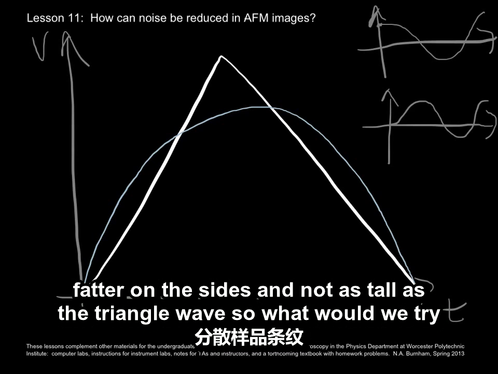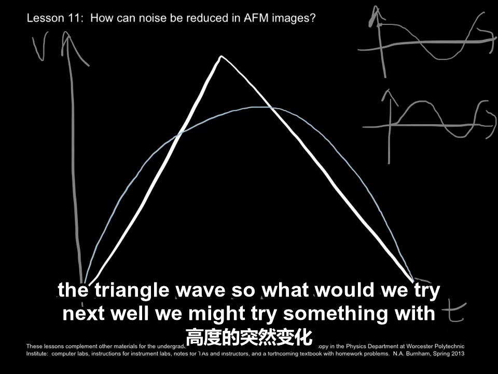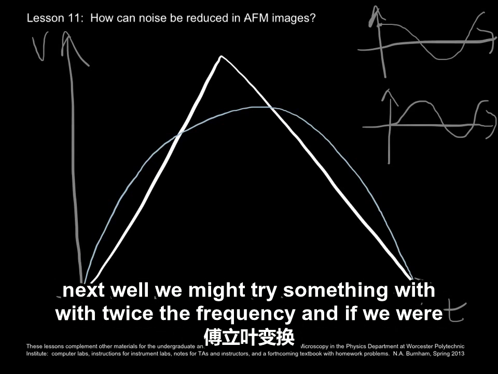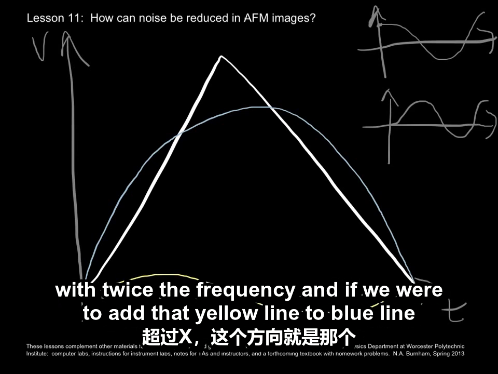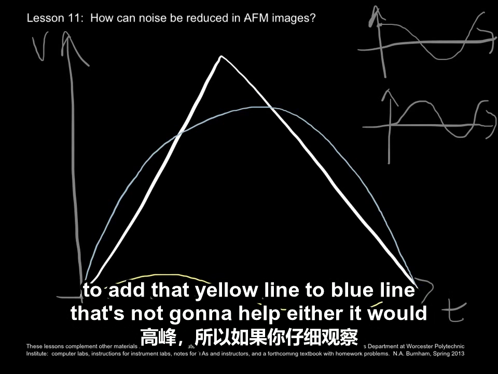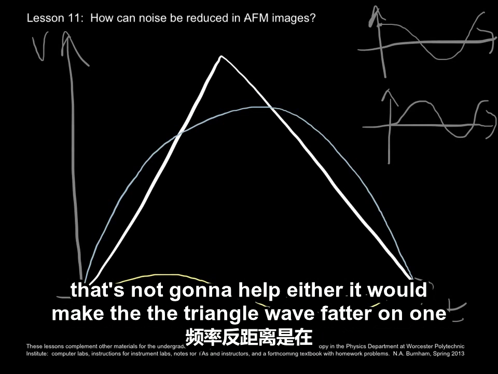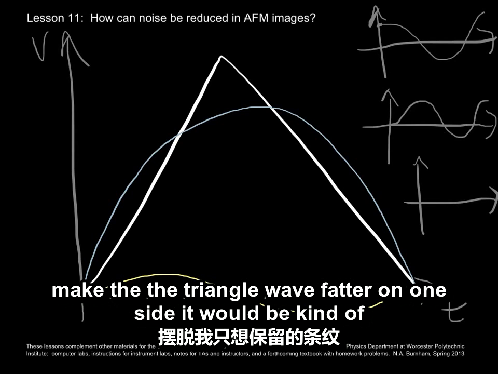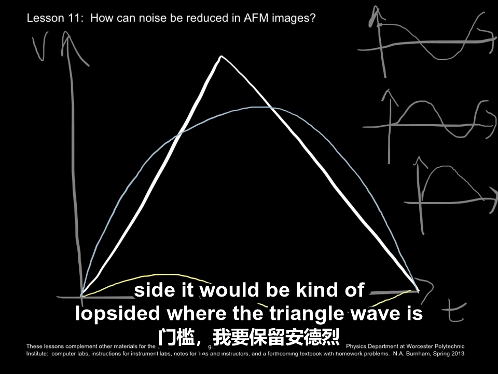So what would we try next? Well, we might try something with twice the frequency. And if we were to add that yellow line to the blue line, that's not going to help either. It would make the triangle wave fatter on one side. It would be kind of lopsided where the triangle wave is going like that.